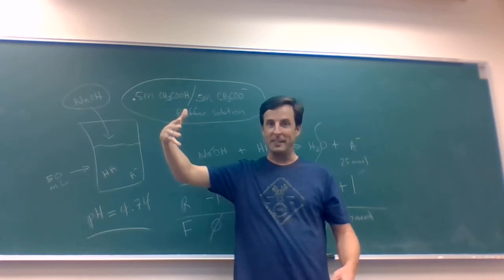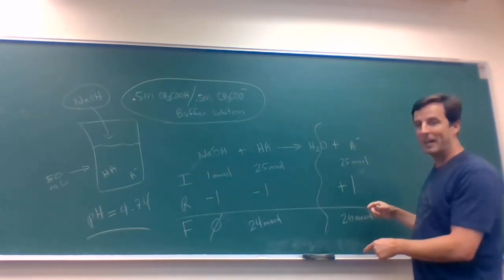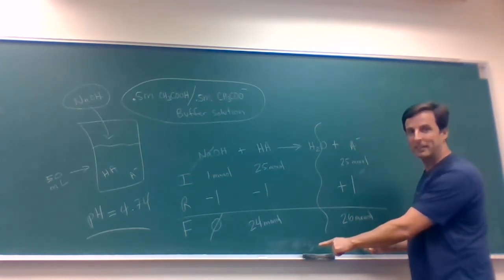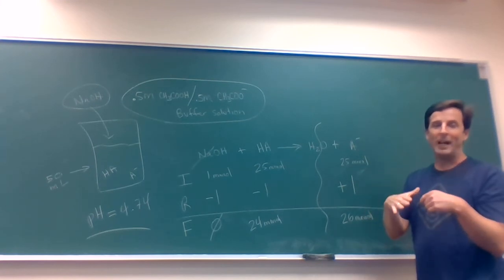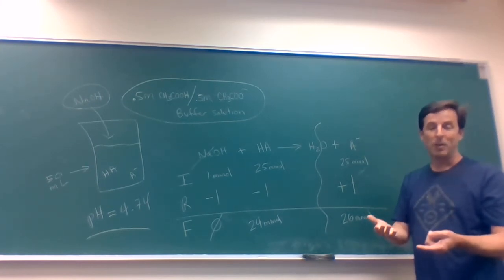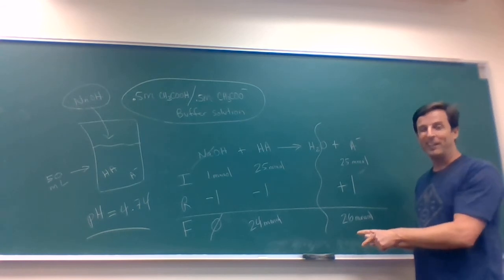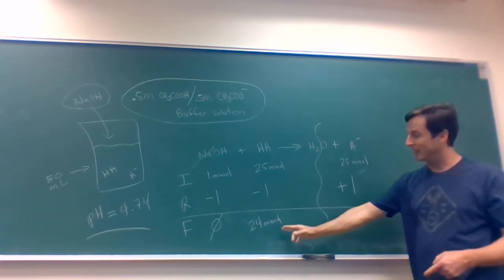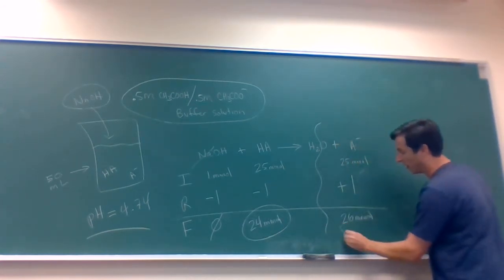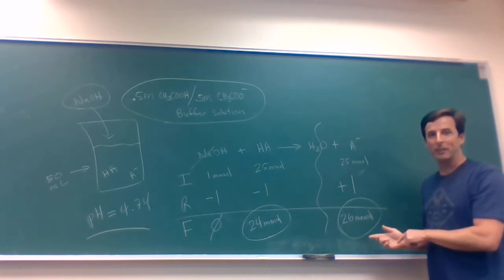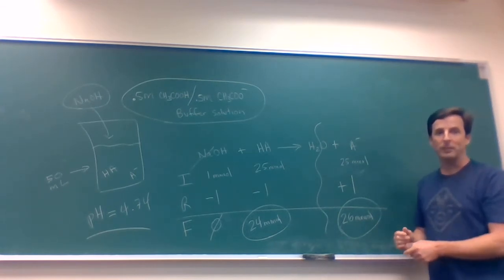The new volume would be 60. Well, if I had to divide both numbers by 60, in a ratio, that step is actually unnecessary. So when I finish the ICF table, I can take these two numbers, plug them back into the Henderson-Hasselbalch equation, and then solve for the pH.